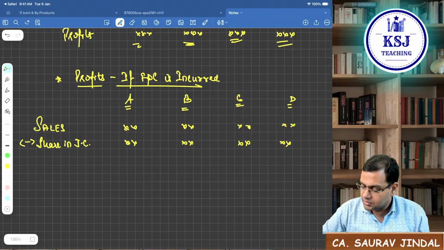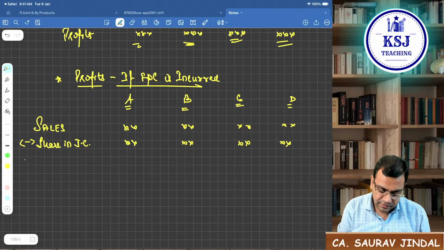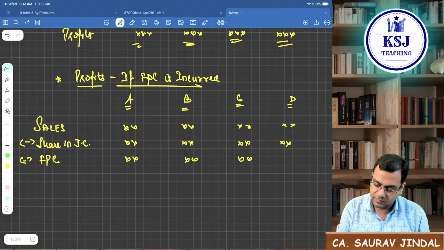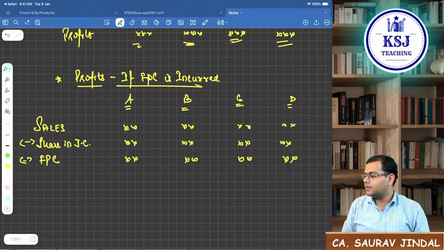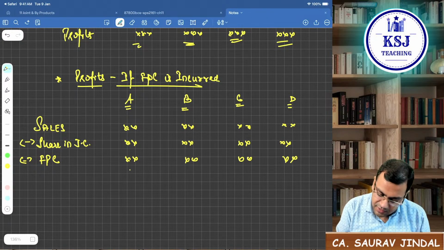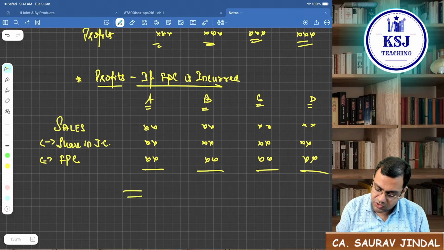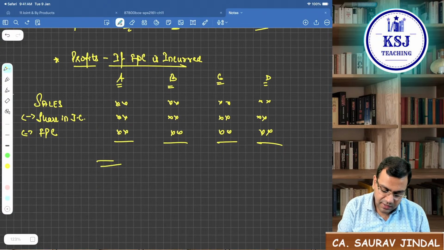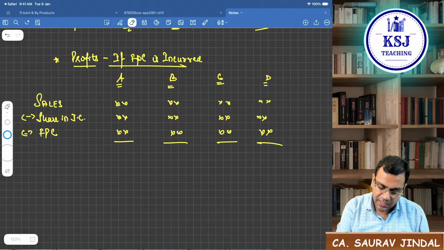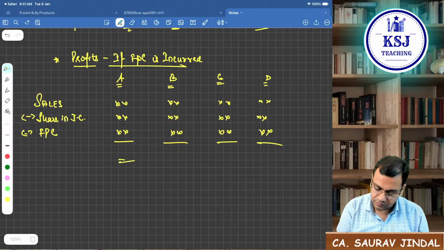Then after that, minus FPC. This will give you the profits. So the only difference will be, this will give you your profits.